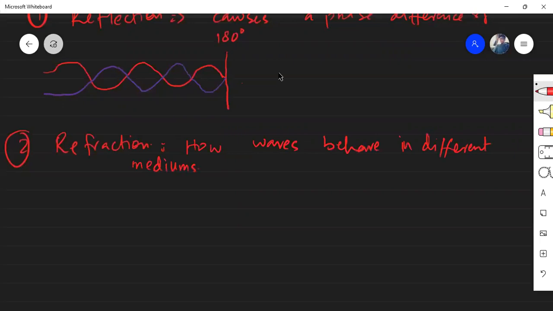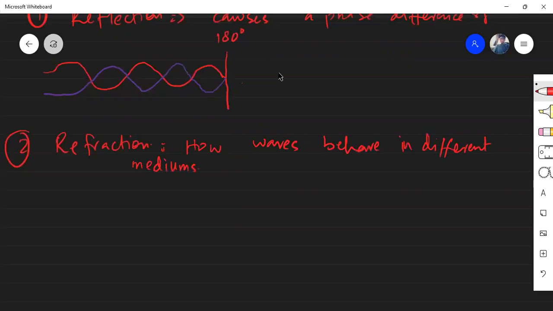You've studied lenses. Lenses are a big application of refraction, and I hope you've studied optics in your GCSEs, right?